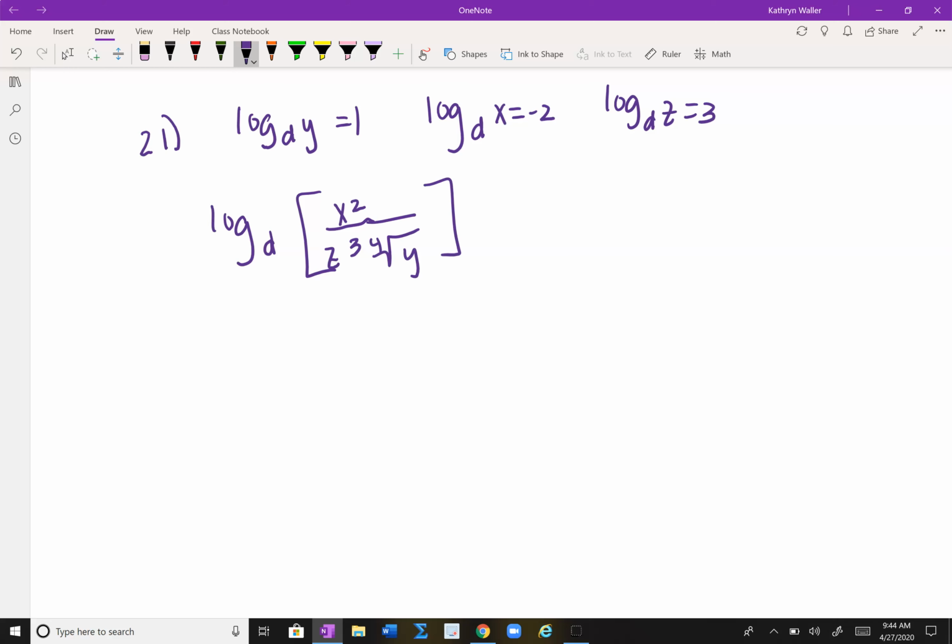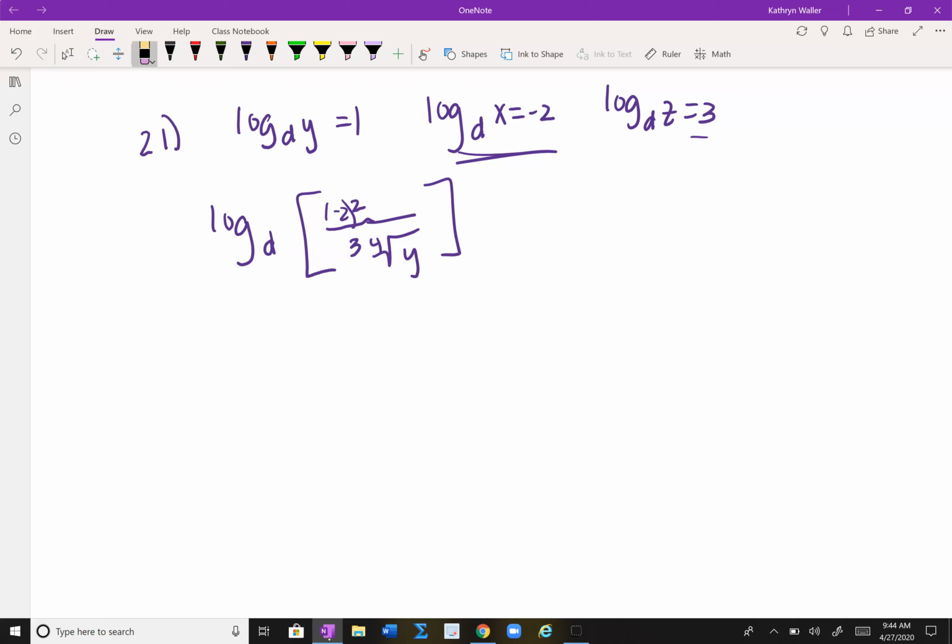Okay, so look what people do. They say, okay, x is a negative 2. So I'm going to erase that and put in a negative 2. This is not saying that x is a negative 2. It's saying log base d of x is a negative 2. Then they'll go, okay, z is 3, so that's going to be 3 to the third. That's not true.